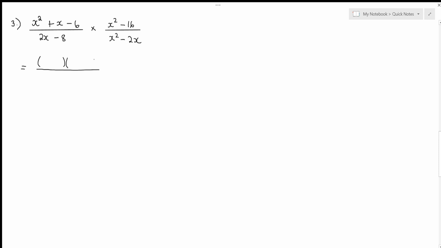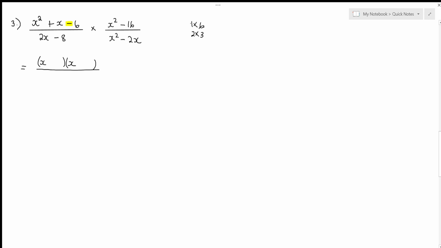So here we're going to have x times x, and because I have a negative here, I know that my factors are going to be 1 times 6 as well as 2 times 3. But if I have a negative, what I do here is I subtract my factors.